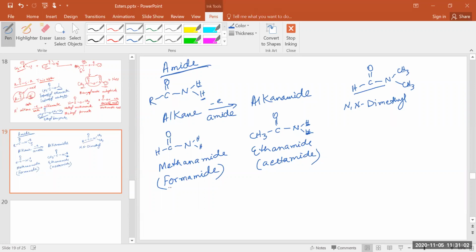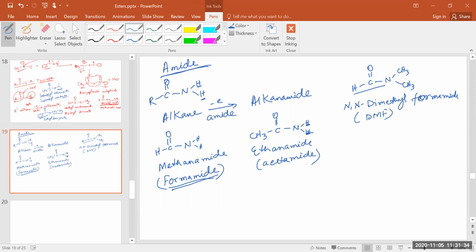Methanamide, or generally formamide. N,N-dimethylformamide. In short, this is called DMF. It is a widely used solvent and also a reagent. And this is a polar aprotic solvent.